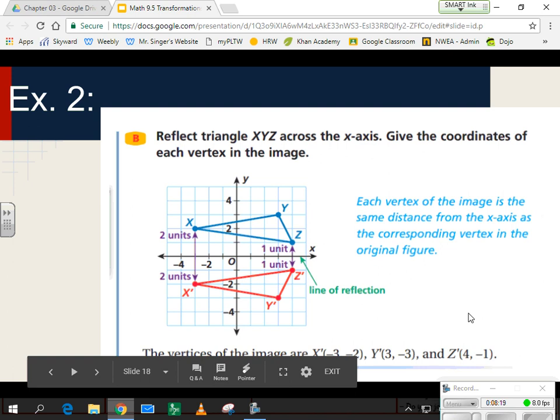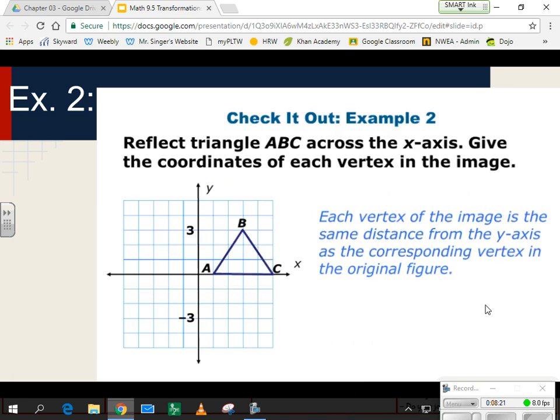So again, here's another example where we reflect across the x-axis. So we're going to do this one along the x-axis. Now, when we're going along the x-axis here, our line of reflection, 2 of our ordered pairs is actually on that line. So when we make our primes of A and C, they don't have to move at all. The only one we have to move would be B. And that goes up 1, 2, 3 from the center, so it's got to go down.